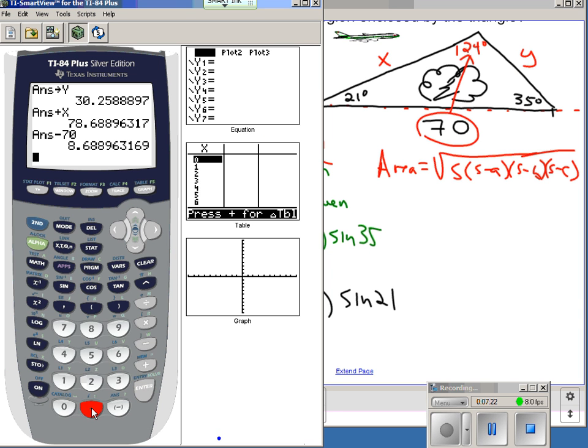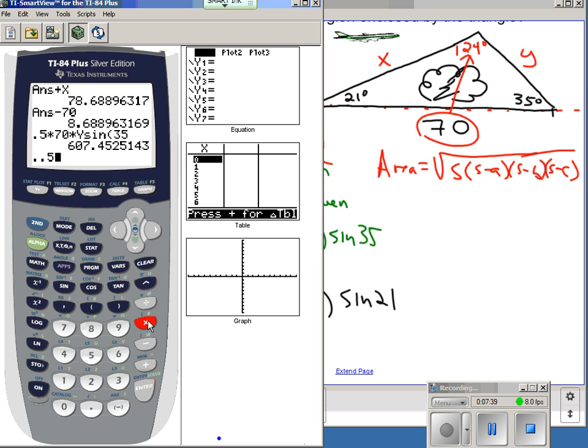So my area is 0.5 times 70 times my y, and then the angle in between there was sine of 35 degrees. There's my area. And I should get the same answer. Let's just check.